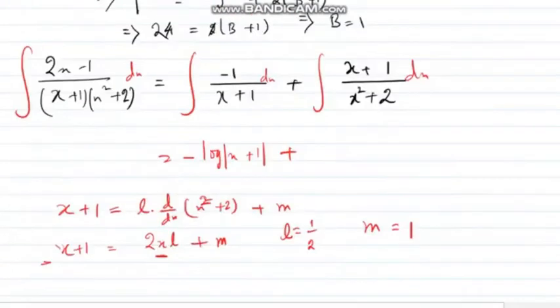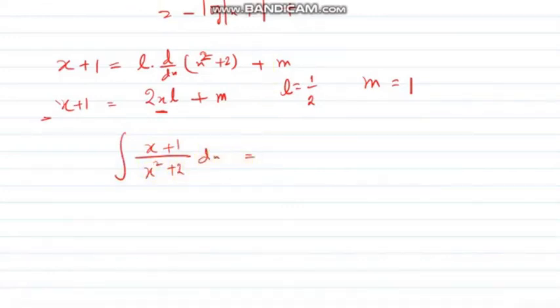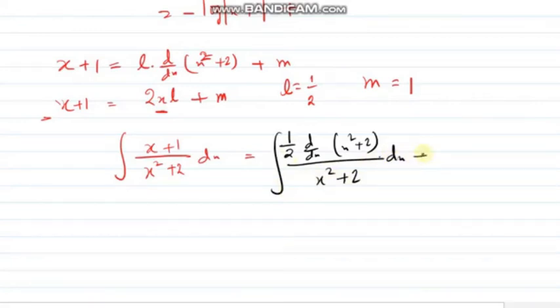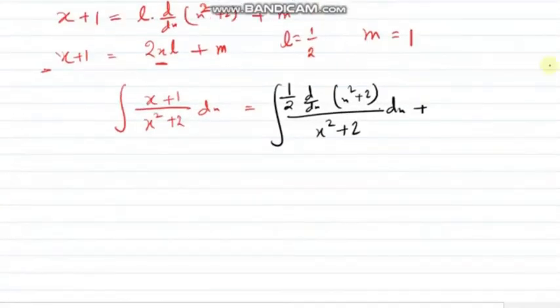So now can we write the integration of (x plus 1) divided by (x square plus 2) dx as L into d/dx of (x square plus 2), so half into d/dx of (x square plus 2), divided by (x square plus 2) into dx, plus M is 1, so it will be the integration of dx divided by (x square plus 2).